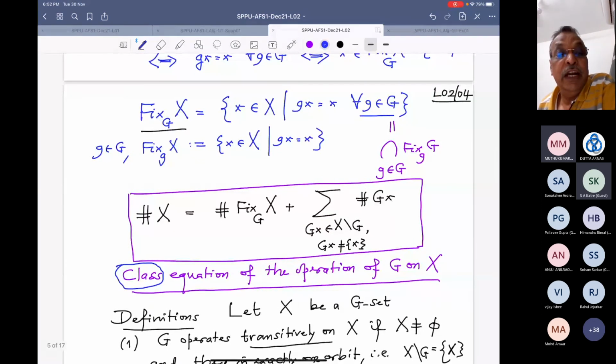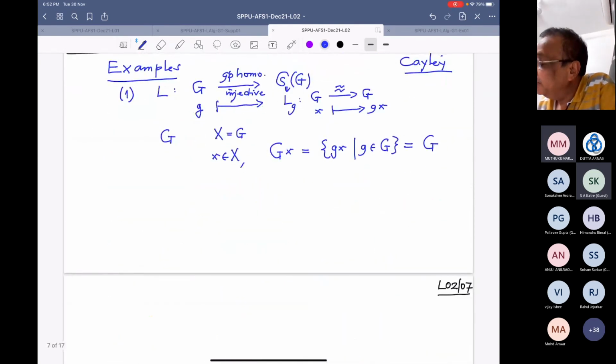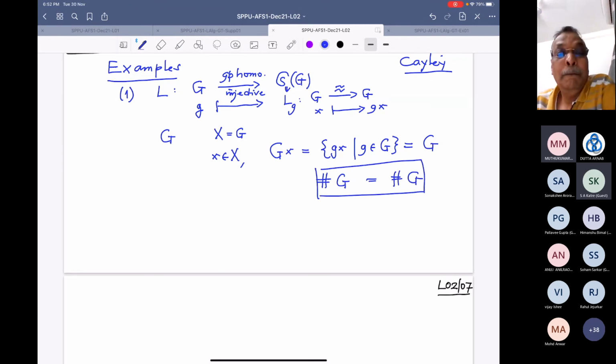Cardinality of X, that is cardinality of G. There is only one orbit. There is no question of singleton and all that. And that orbit also has as many elements as G. So the class equation is nothing. This is just cardinality of G equal to cardinality of G. It doesn't come out to anything. This is the class equation.